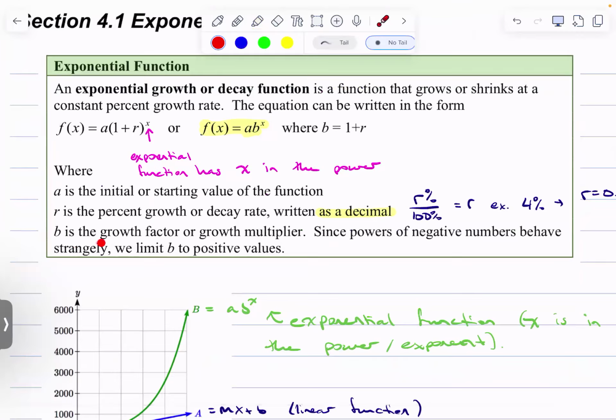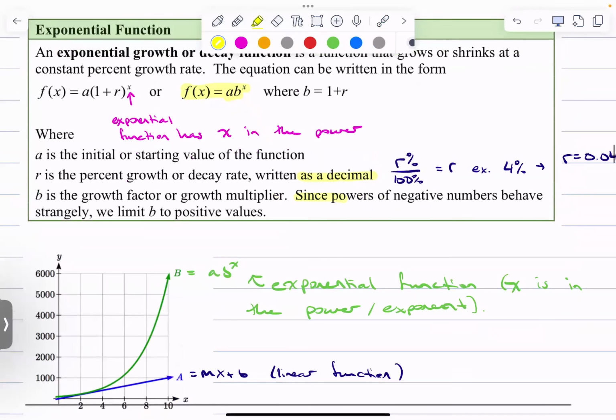So b is going to be the growth factor or the growth multiplier. And so it's not the growth rate, but it's a growth factor. And we do have a little note here that since powers of negative numbers, which we talked about earlier, right? Since powers of negative numbers behave strangely, we limit b to positive numbers. And so that's going to be true for the rest of the chapter.